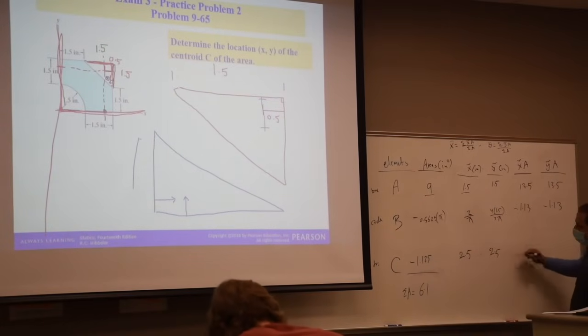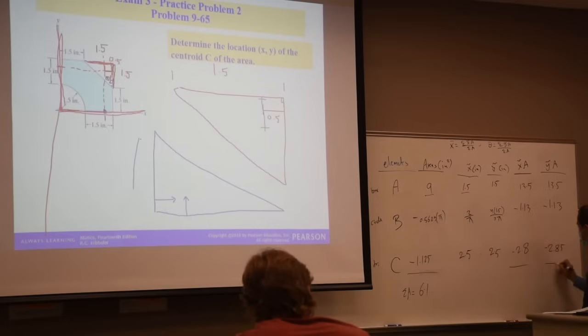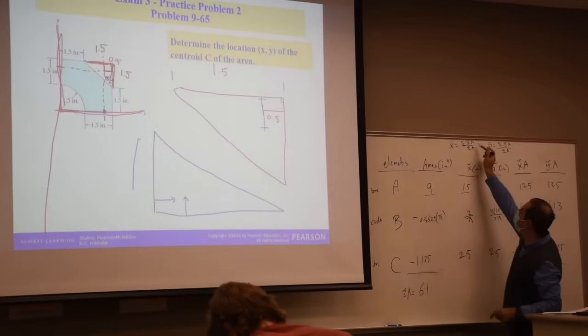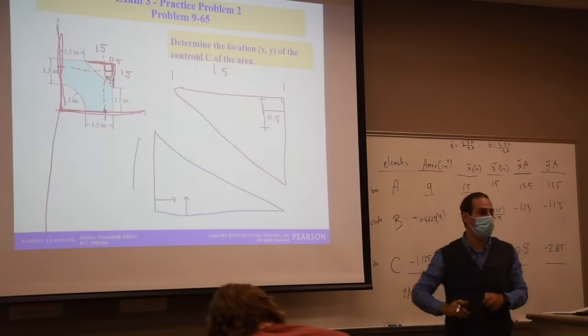Last one. 2.825, negative. And same thing for the y, 2.85 negative. Now you need to add these, each column, and you will get the top part of your fraction.